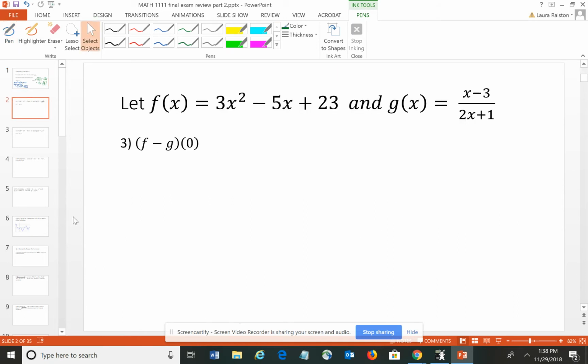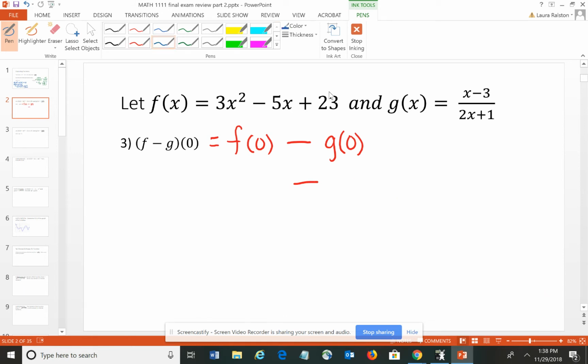All right, continuing on, we're using the same two functions, but this time they want us to do f minus g at 0. Remember when you do the subtraction, basically we're going to substitute 0 into function f, substitute 0 into function g, and in each case get an answer, and then subtract the two results.